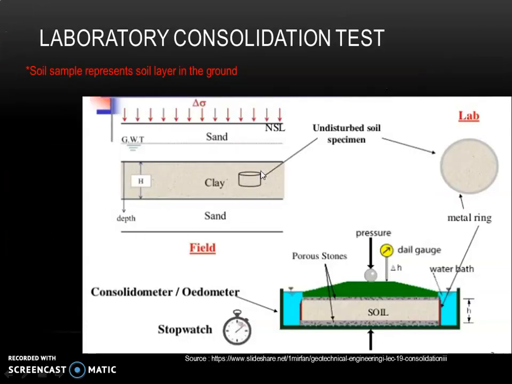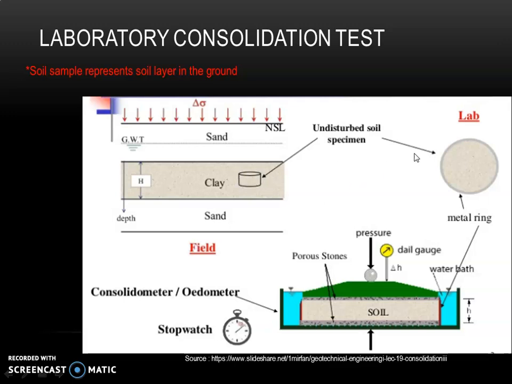Here we can see a clay layer which is sandwiched between two sand layers, and this is the level of groundwater, and the whole soil mass is being loaded by the application of stress. Let us consider a soil sample in this clay layer, and this is a representation of the soil sample in the field.